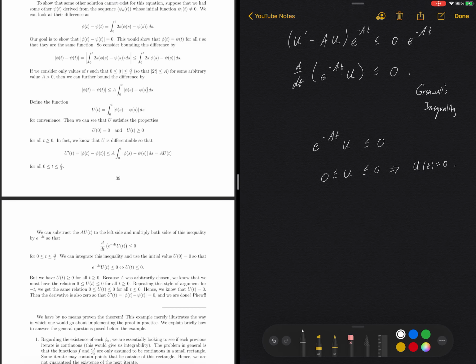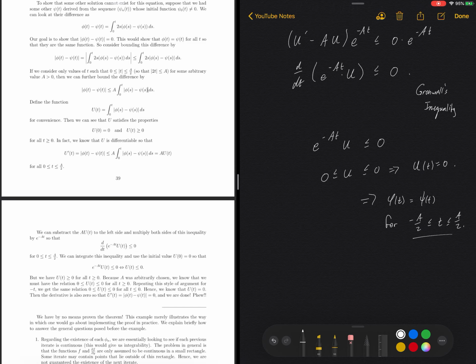So in this case, u would be less than 0, and it is also greater than 0, which would imply that u of t actually is the 0 function for all time in that interval. So specifically, that means that phi of t is equal to psi of t for this arbitrary interval, minus a over 2 less than t less than a over 2.